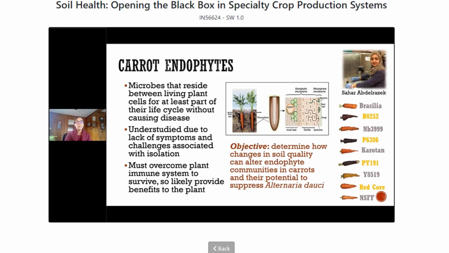And so again, Sahar wanted to know how these changes that we saw in soil health in the field influence what was colonizing these carrot roots, and does that have a role in suppressing Alternaria dauci? She looked at this in a number of different carrot genotypes. You'll see there on the right, and we'll talk more about that later and why all these different genotypes were important.